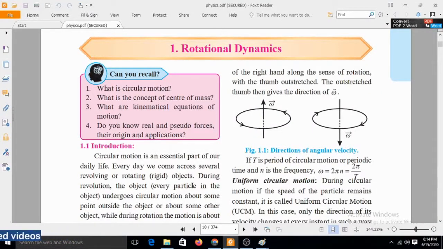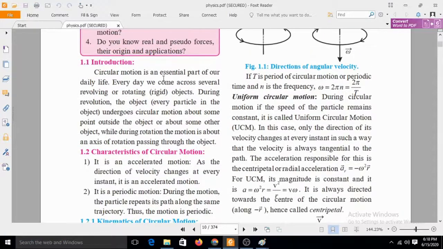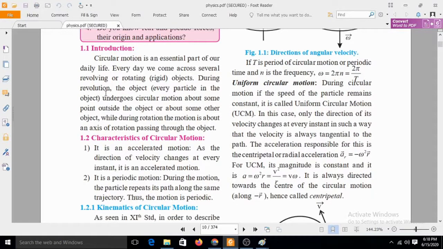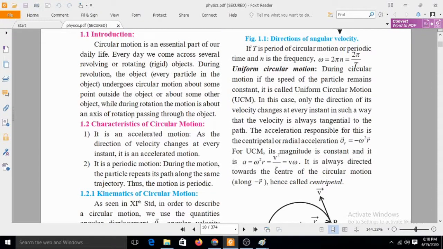Now we'll start with the introduction. Circular motion is an essential part of daily life, and everyone knows this. In rotation, the object rotates about an axis of rotation passing through the object.